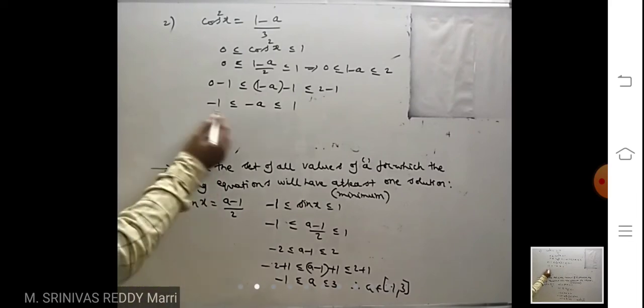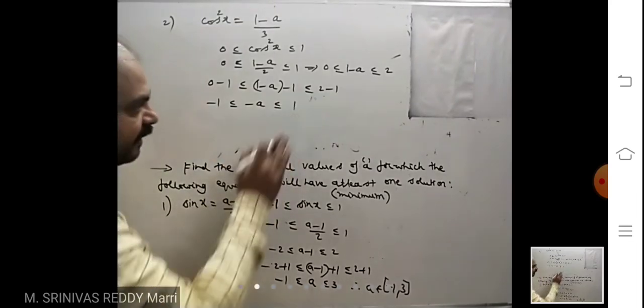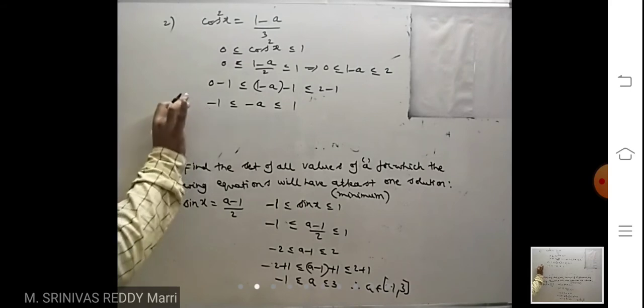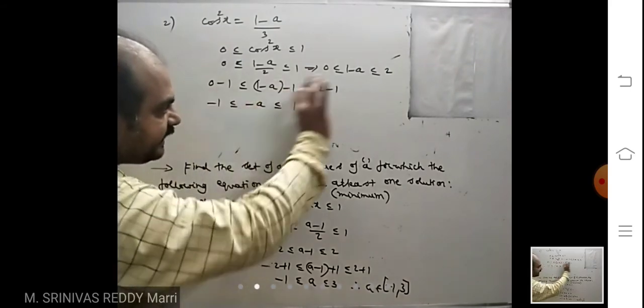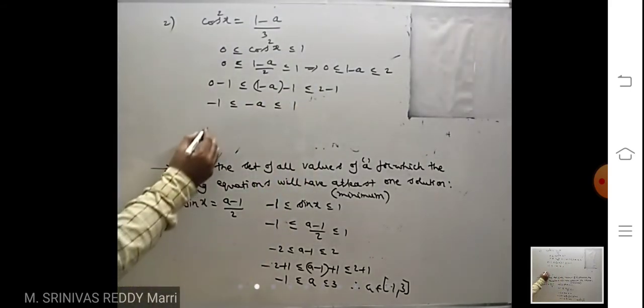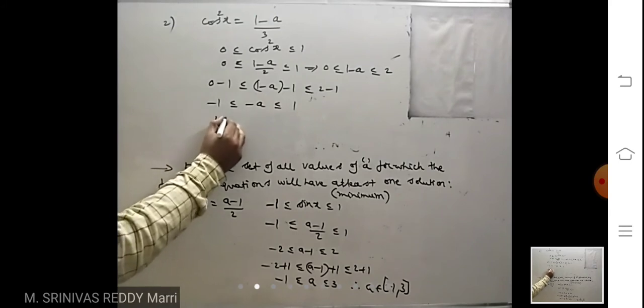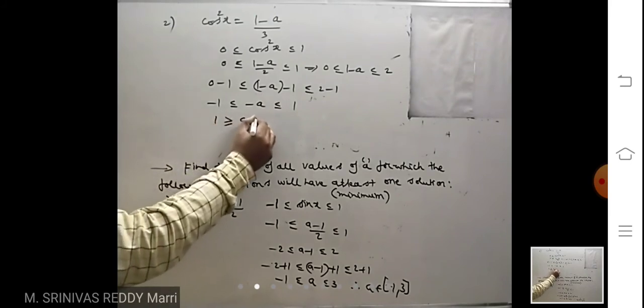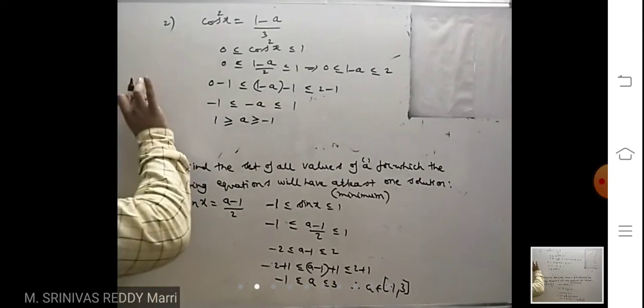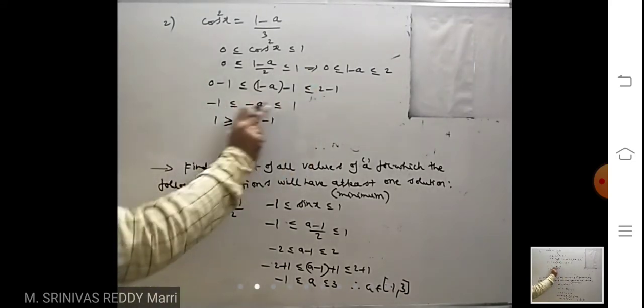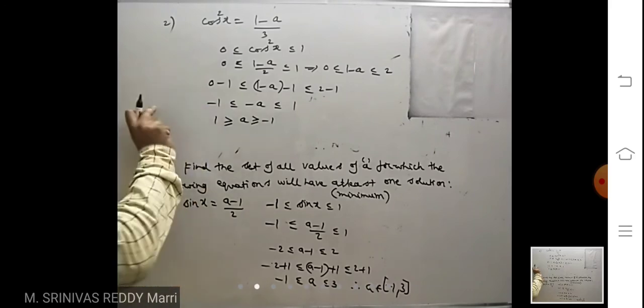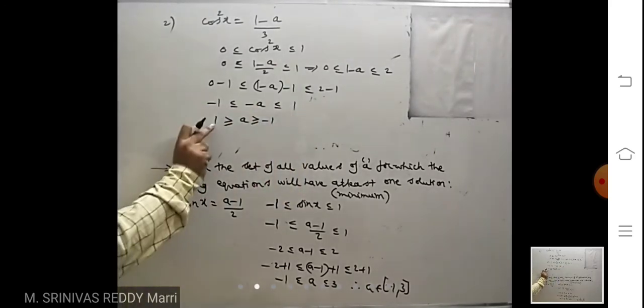Now look, I am multiplying with minus 1. If you multiply with a negative number, the inequality will be interchanged. This will become 1 greater than or equal to a, greater than or equal to minus 1. When you multiply with a positive number, the same inequality will be there. If we multiply with a negative number, the inequality will be interchanged.